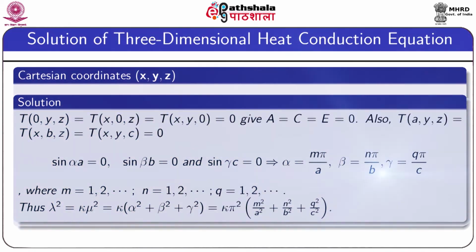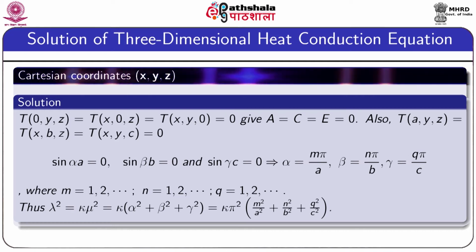The values of these constants can be obtained using the boundary conditions and the initial condition. The boundary conditions are given as T at x equals 0, T at y equals 0, T at z equals 0 is 0, and T at x equals a, T at y equals b, T at z equals c equals 0.